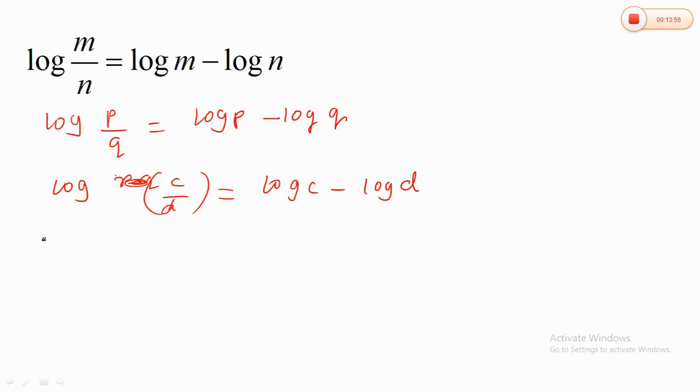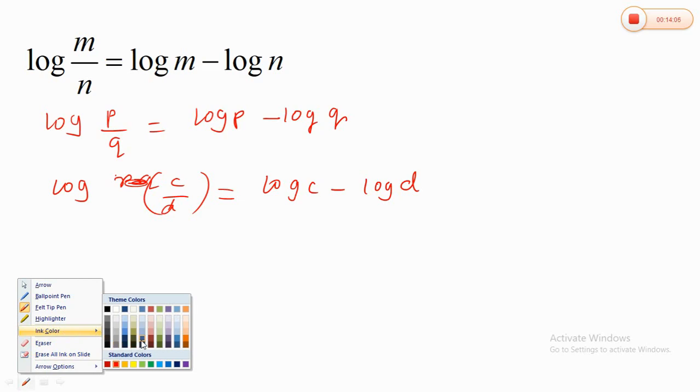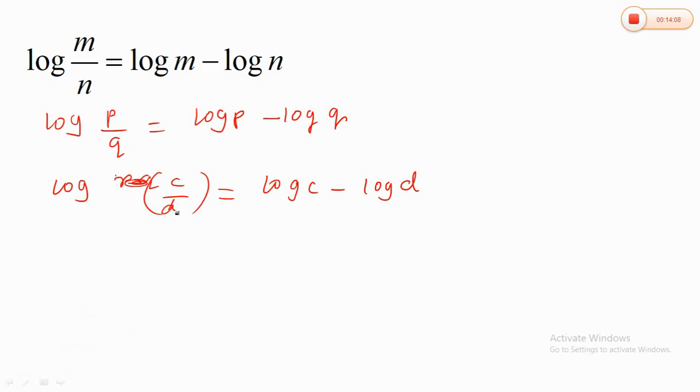Similarly, I will mix the previous product rule and this quotient rule. Consider log of mn upon p. Here mn is the numerator, so first apply the quotient rule: log mn minus log p.